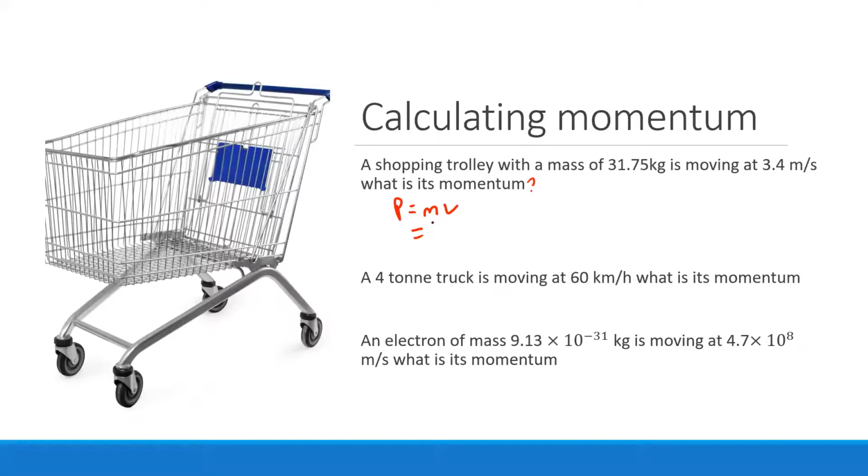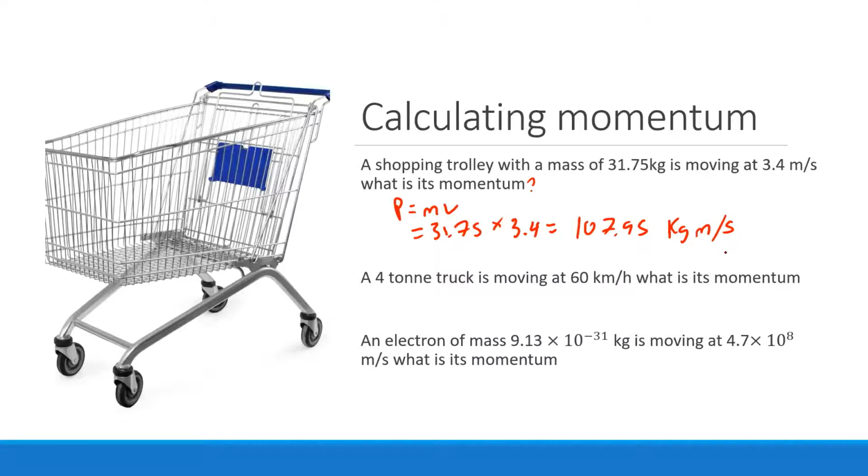The mass is 31.75. The velocity in this case is 3.4. That gives us 31.75 times 3.4, which gives us 107.95 kilogram meters per second.